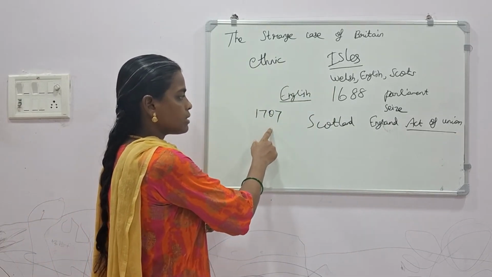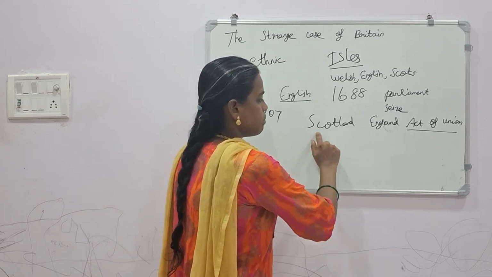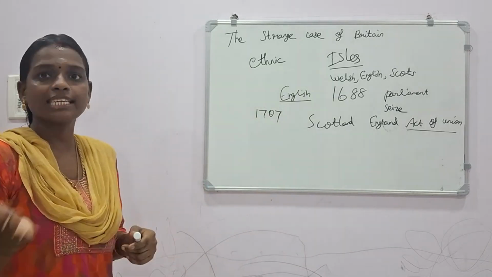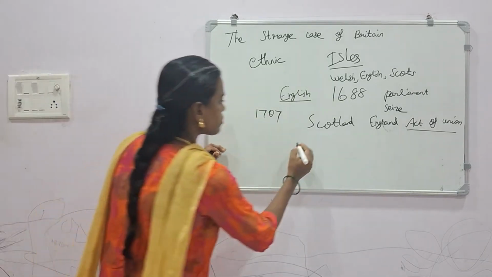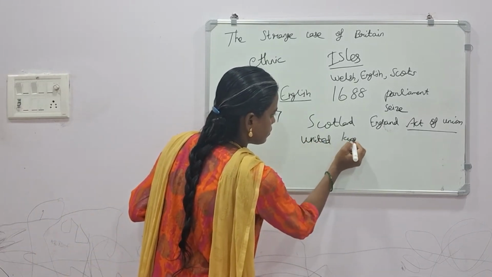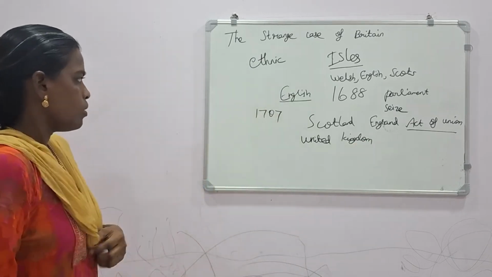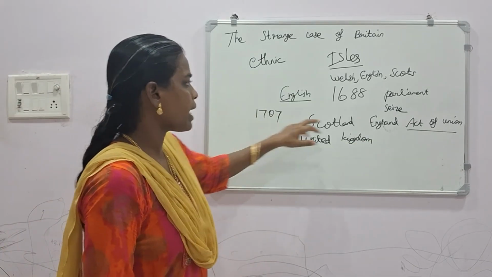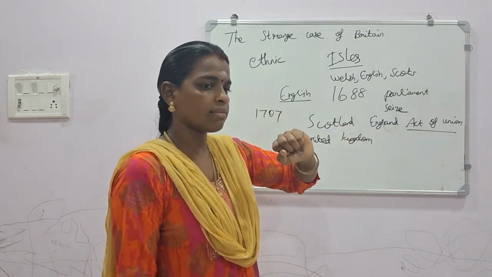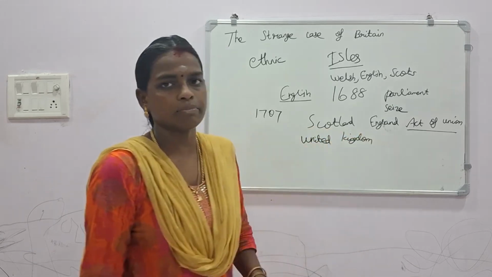By that Act, Scotland and England formed the British Empire, which means the United Kingdom. They formed the United Kingdom. One more time, the 1707 Act of Union was implemented, and by that order, Scotland and England formed the United Kingdom.